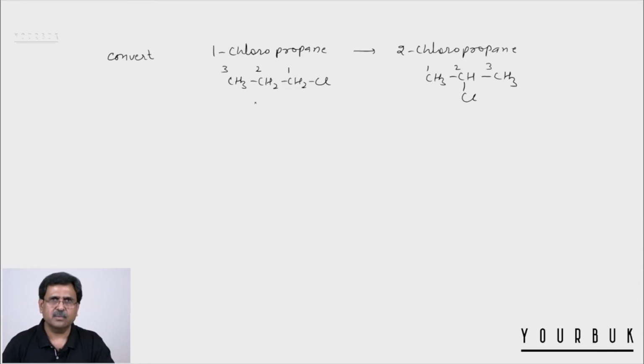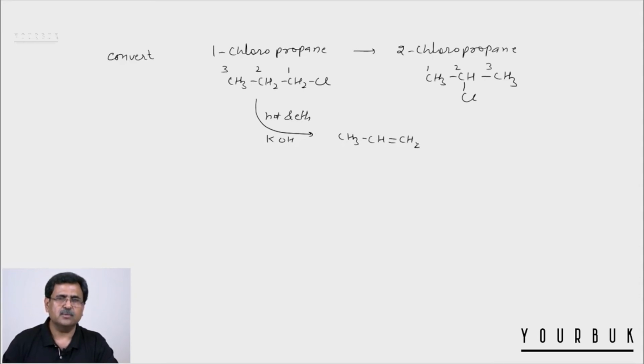Since you are already given the alkyl halide, you prepare the alkene by using hot and alcoholic KOH. This is our first step. So we use hot and ethanolic KOH, and since you have only one beta carbon in 1-chloropropane, only one alkene is possible, and that is propene.